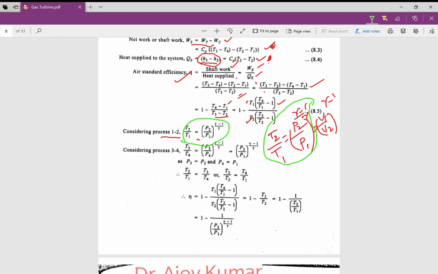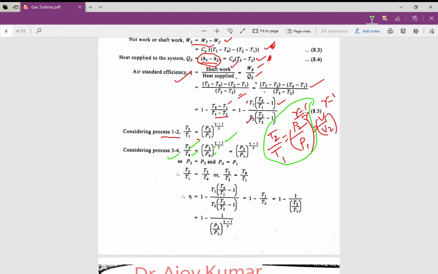Similarly for expansion process 3, 4, the temperature ratio T3 upon T4 in terms of pressure is (P3 upon P4) raised to (gamma minus 1) upon gamma. Now this P3 is equal to P2.